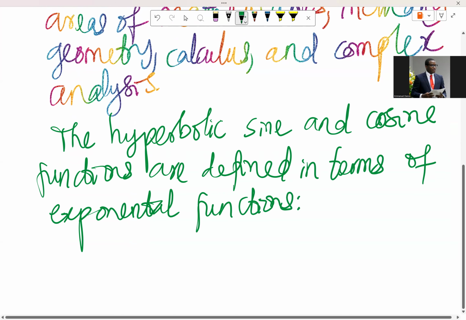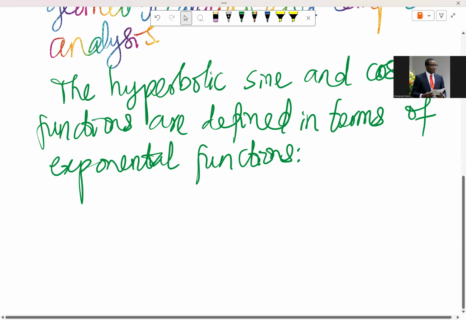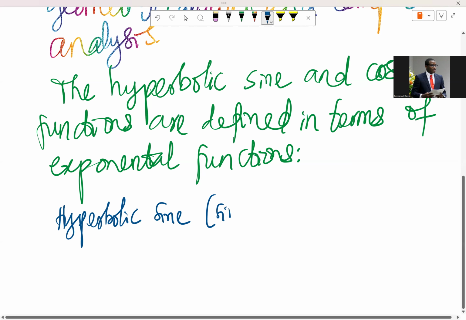Those are like the two foundational hyperbolic functions. So if we talk about the hyperbolic sine, which is written as sinh, that's hyperbolic sine.